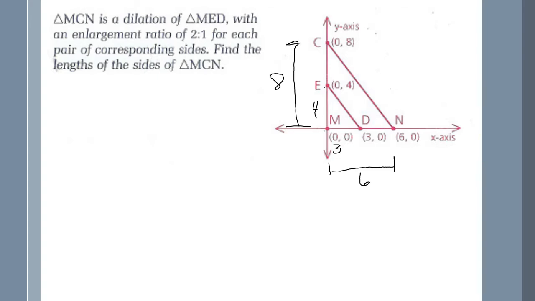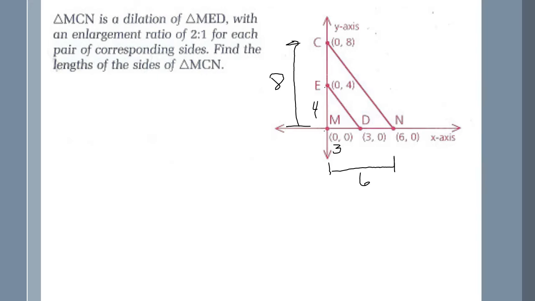So now we've got to figure out the length of NC. We can use the distance formula, or you can use the Pythagorean theorem.